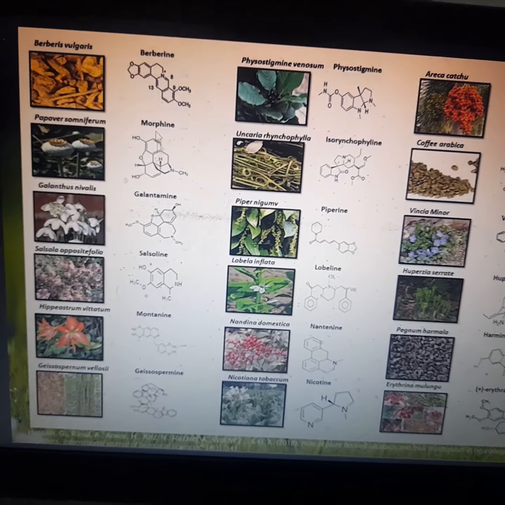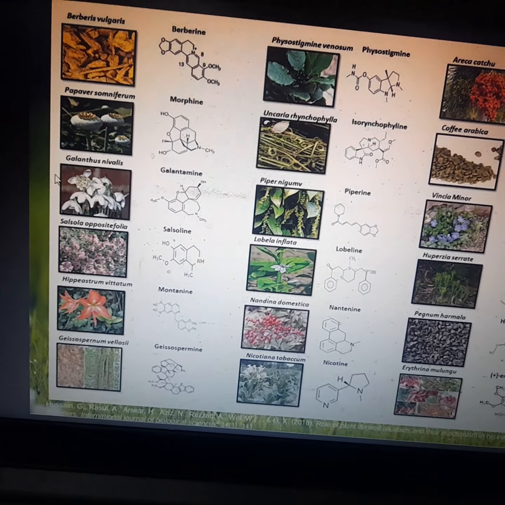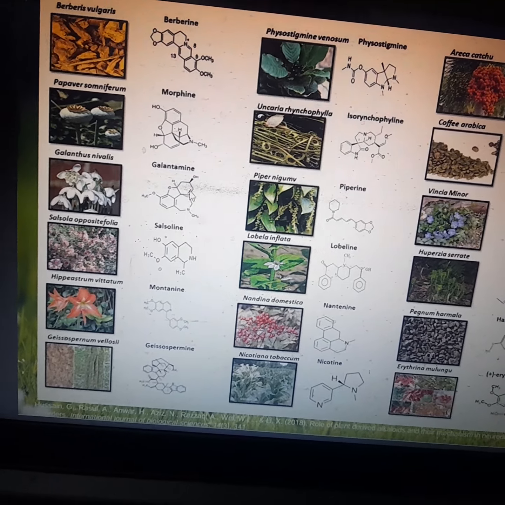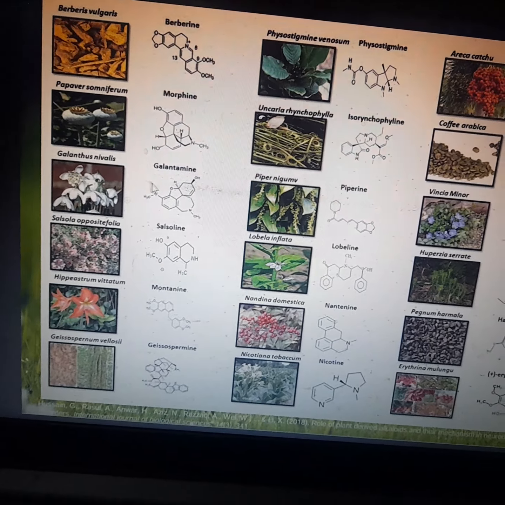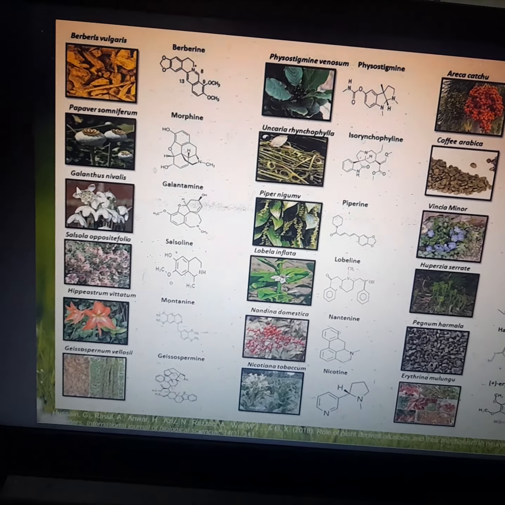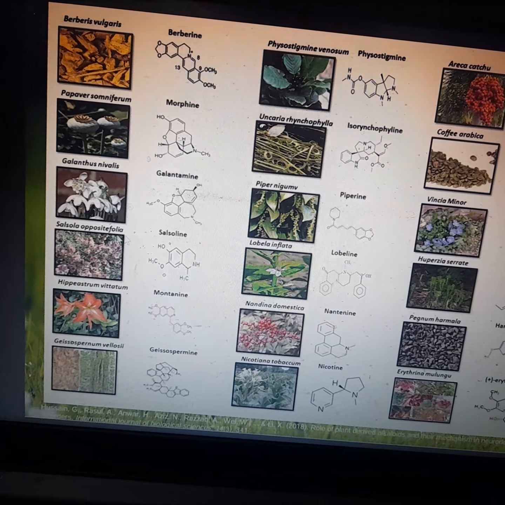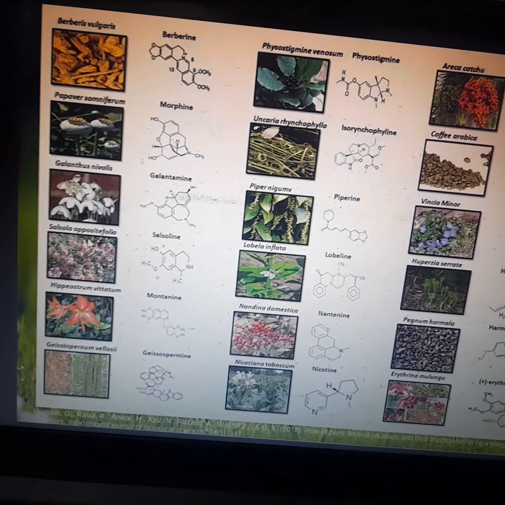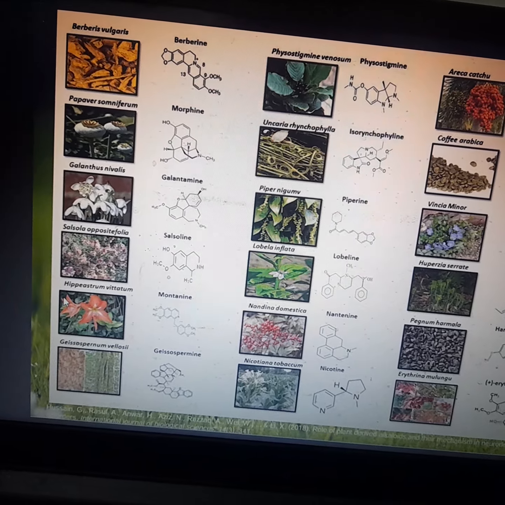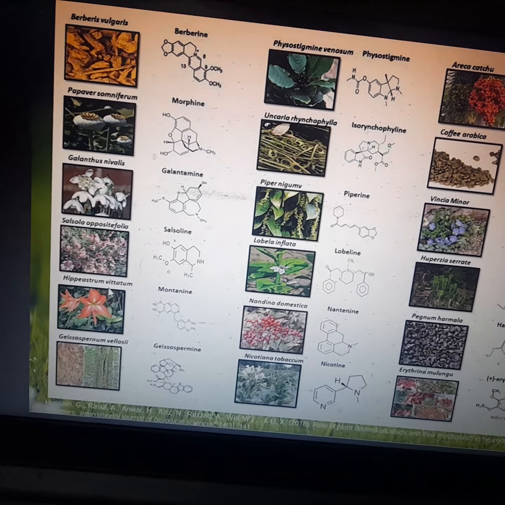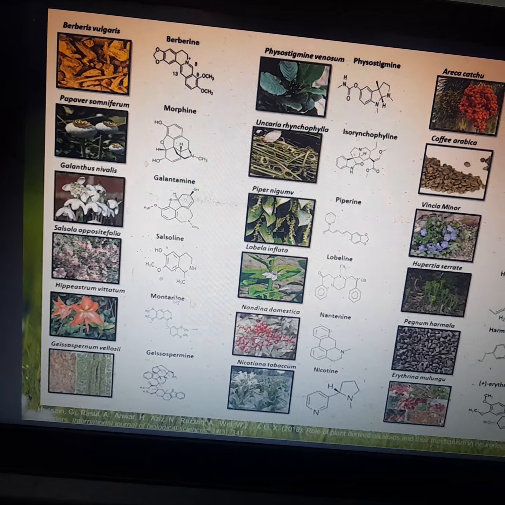Again, you can see morphine, which is coming from this flowering plant. This is galantamine coming from this particular plant, which is Galanthus nivalis. Salsoline coming from the Salsola plant. This is the Hippeastrum vittatum plant.